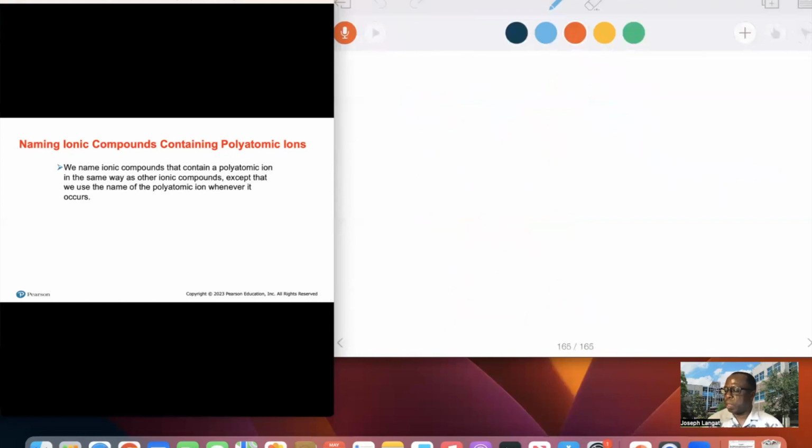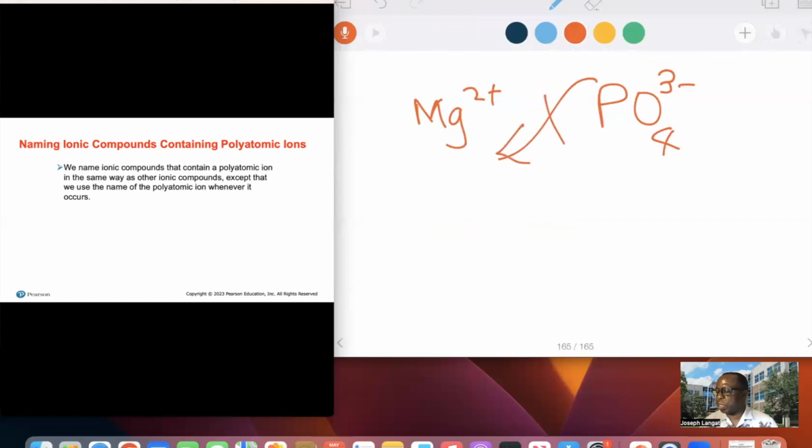You can also have magnesium, in group 2, and phosphate with a charge of -3. Using the crossover rule, this is the polyatomic ion phosphate. So it's going to be Mg, the 3 coming from phosphate, and the 2 here coming from magnesium.